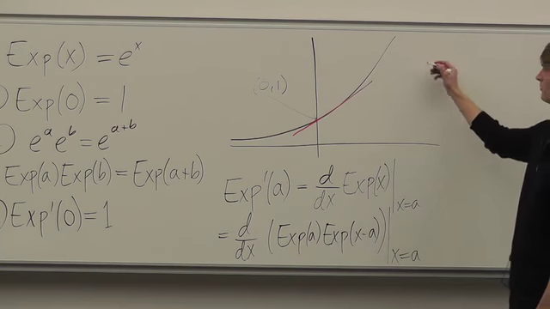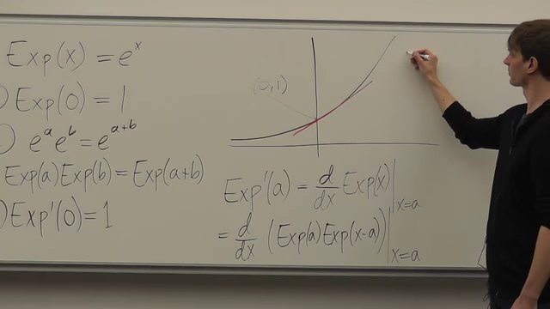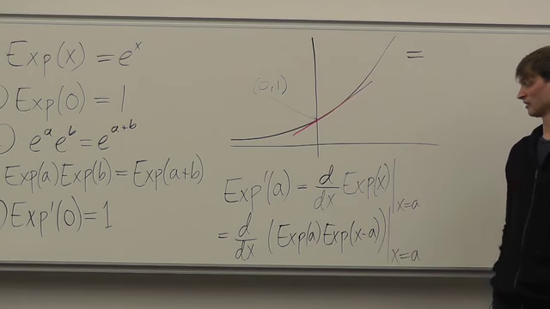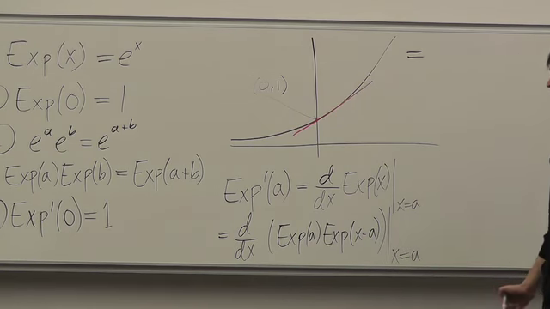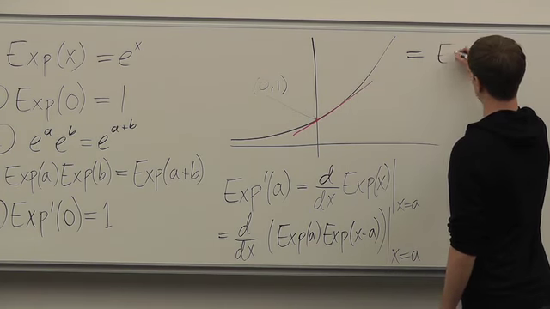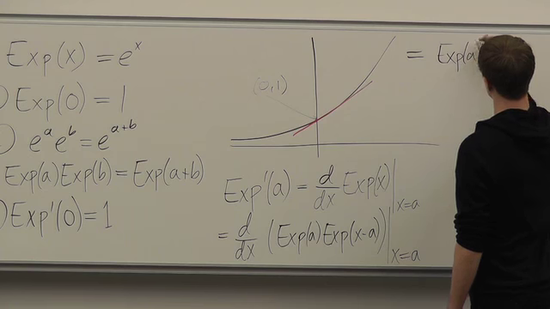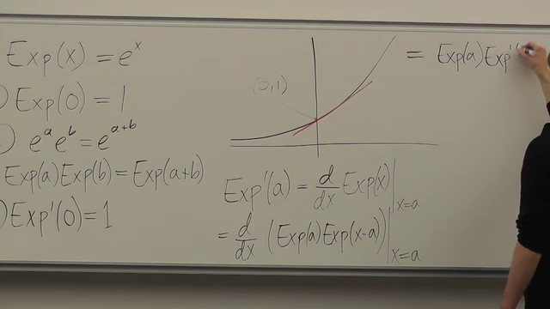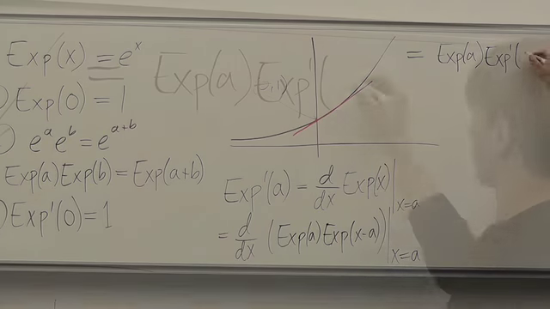And this is something that we know how to differentiate. So if I continue my equation up here, exponent of a is just a constant, and I'm differentiating a function of a linear term in x here. So the derivative of this is exponent of a, constant, and this is a function I have to take the derivative of, and then I evaluate at x equals a.